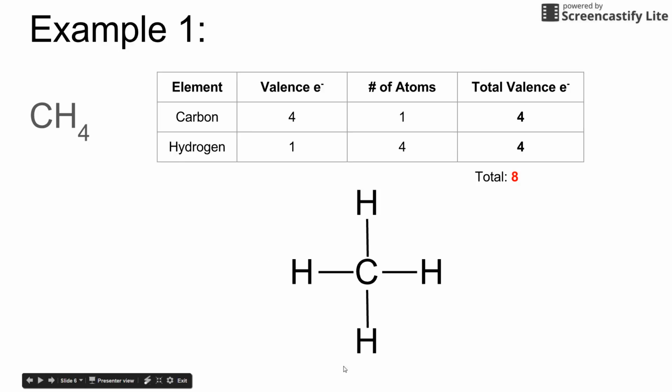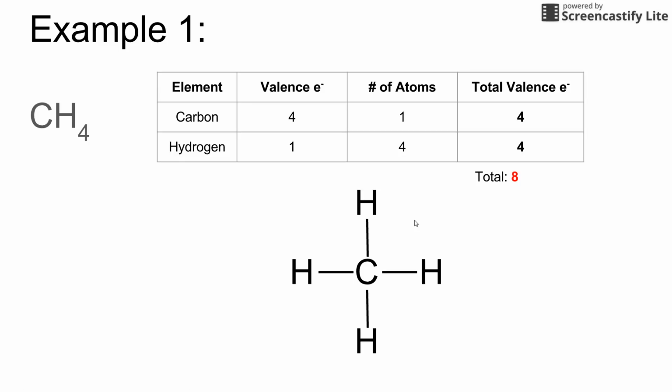After this, you need to count up how many electrons you wrote with these lines. So 2, 4, 6, 8 valence electrons, which is the total number of valence electrons that you're able to represent in this compound. So you cannot write any more electrons.